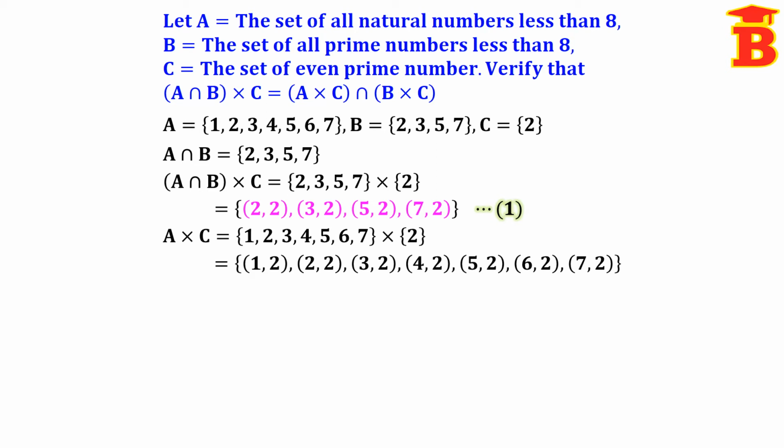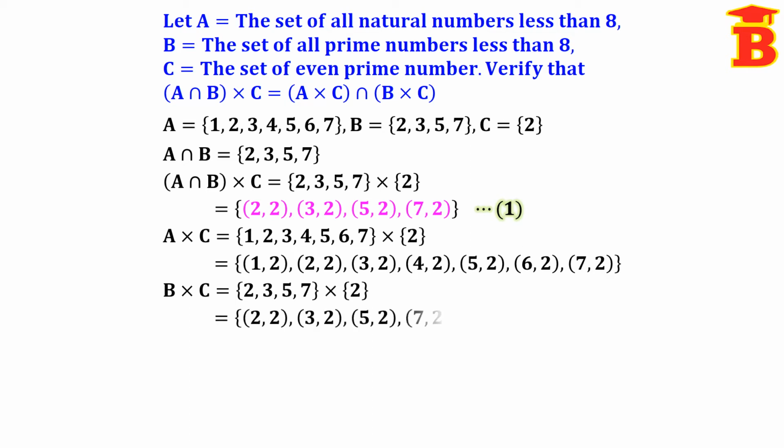This is A cross C. Next let us find B cross C. That is the set B, 2, 3, 5, 7, cross the set C, which is 2. Again just combine and write all the ordered pairs: (2, 2), (3, 2), (5, 2), (7, 2).